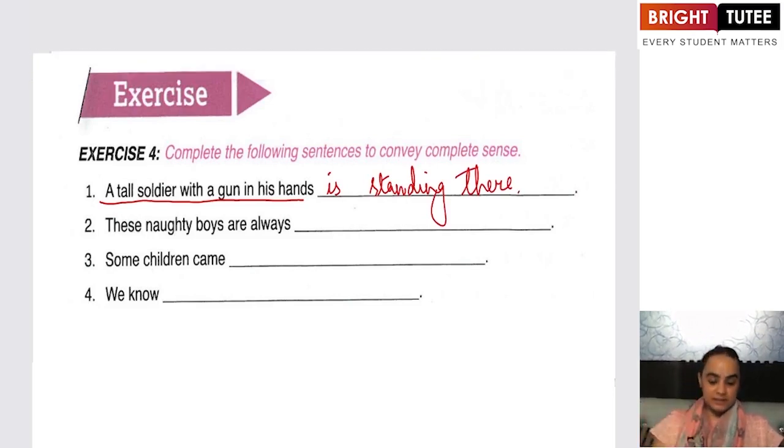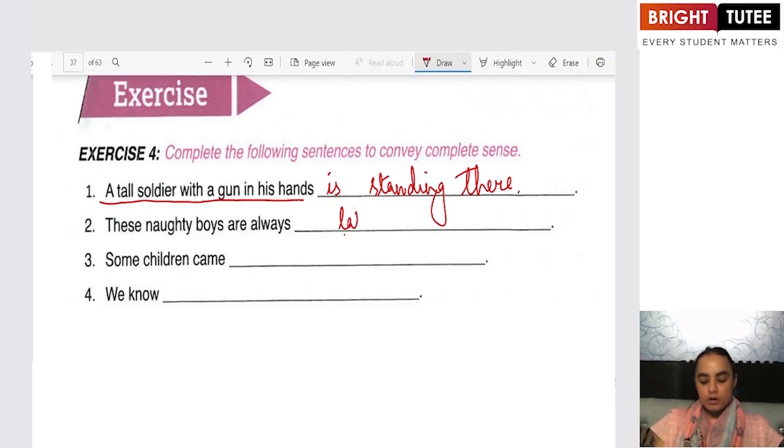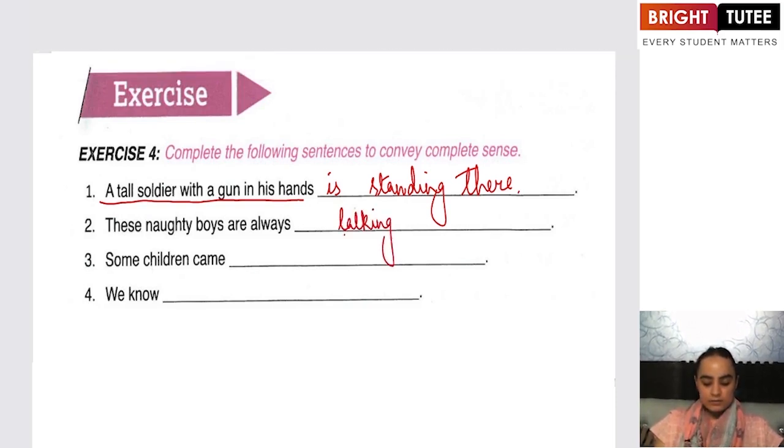Let us look at the second sentence. Those naughty boys are always, what can you complete with? So those naughty boys are always talking in the class.